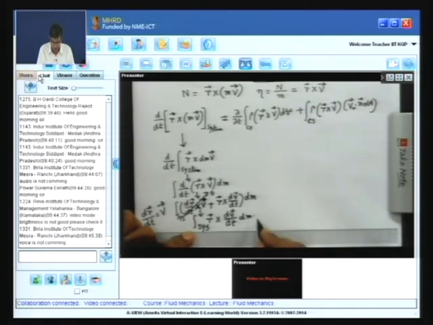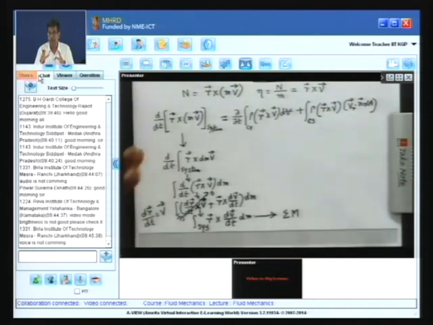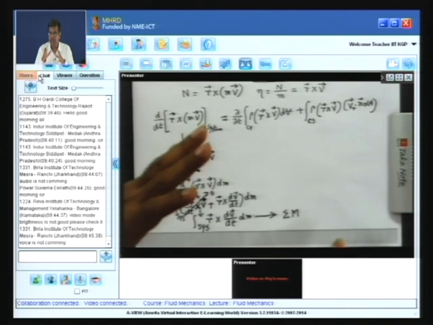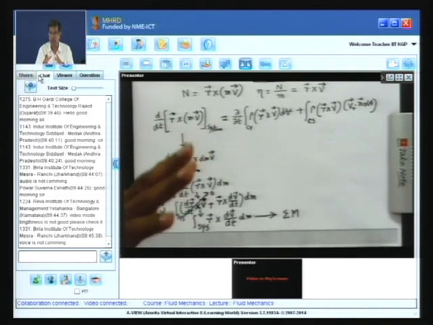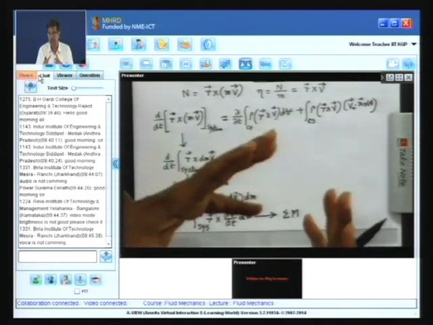And by laws of physics, we know the rate of change of angular momentum of a system, that is a control mass system, is equal to the sum of the moments acting on the system, which causes the rate of change of angular momentum of the system. Similar to the linear momentum, where the rate of change of momentum of a system is equal to the sum of the forces acting on it, which cause the change in the linear momentum.